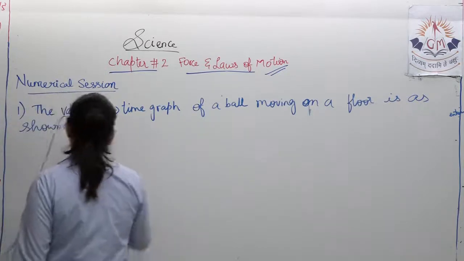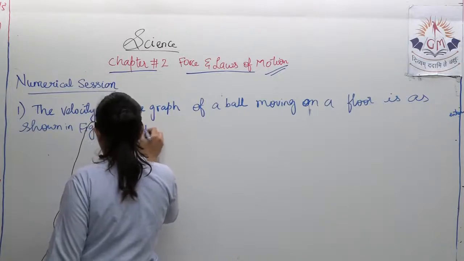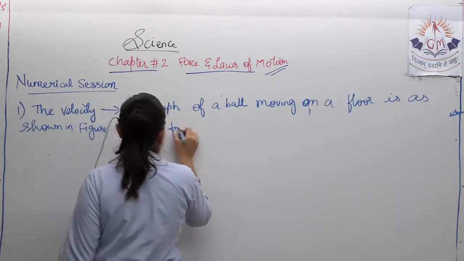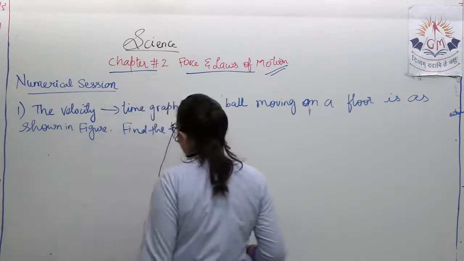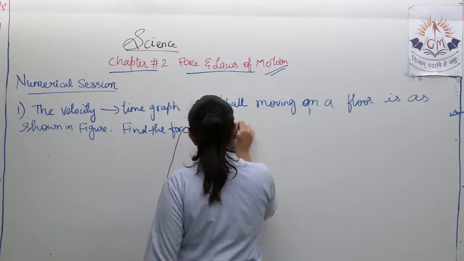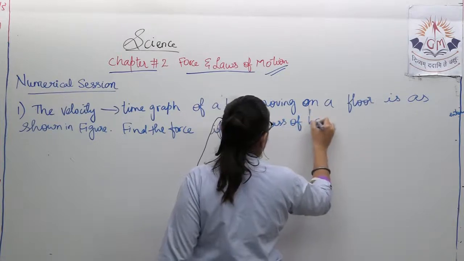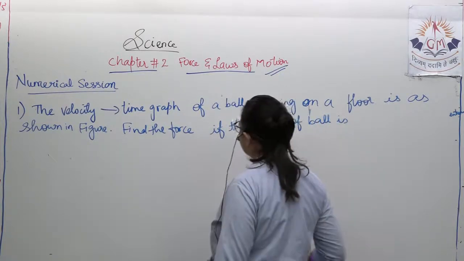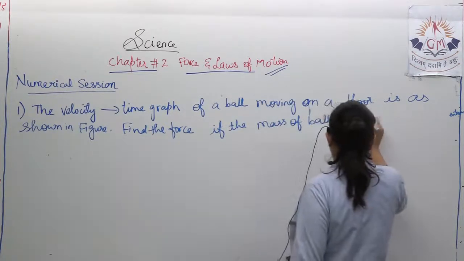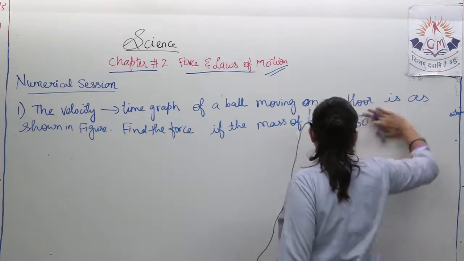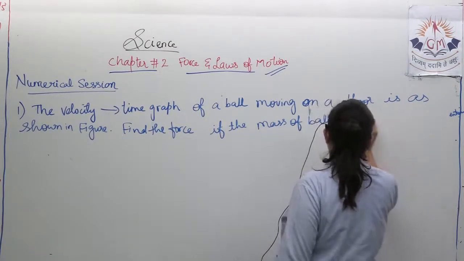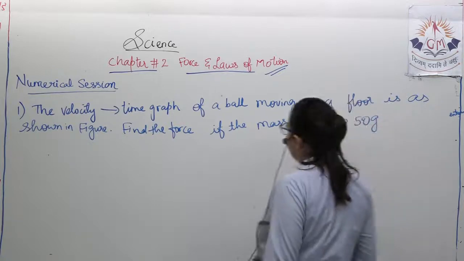Find the force if the mass of the ball is 50 gram. Mass of the ball is 50 gram.